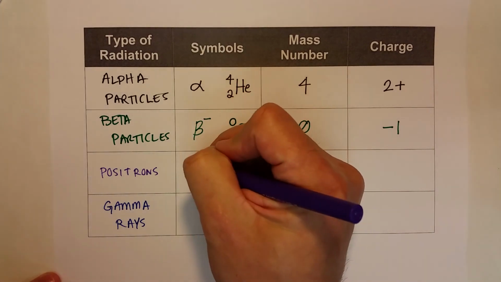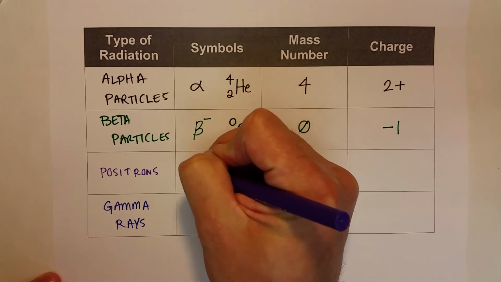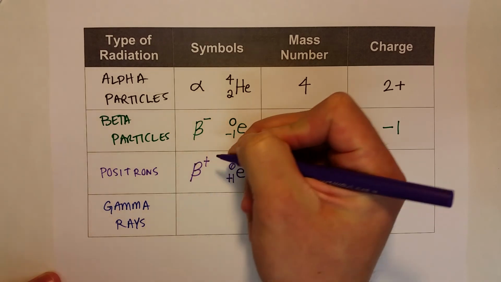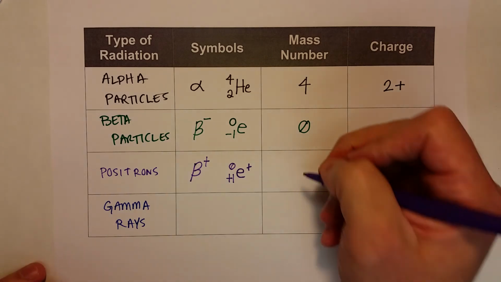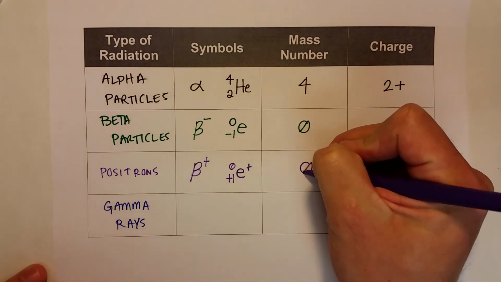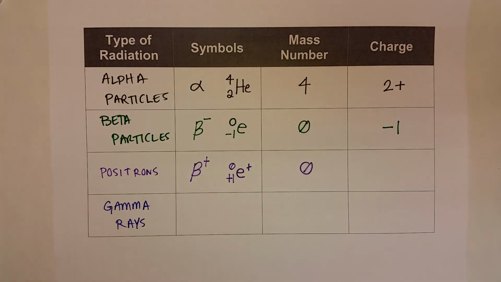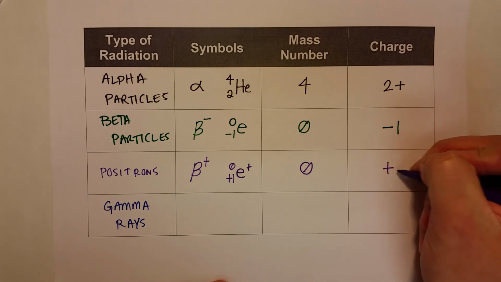And we use the Greek letter beta for its symbol. Specifically, we absolutely need to put the positive sign for its charge to note that it is not the electron, it is a positron. It also has a mass number of 0 since it has no protons or neutrons, and the charge is +1.